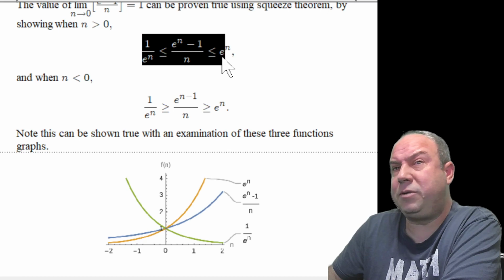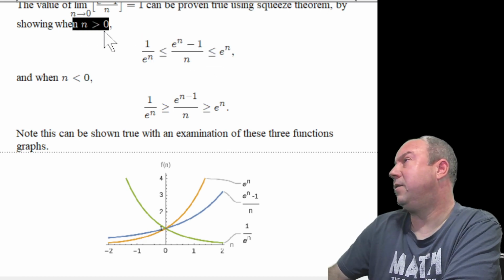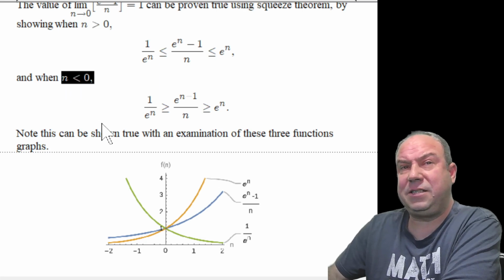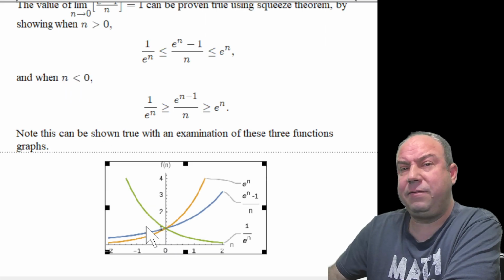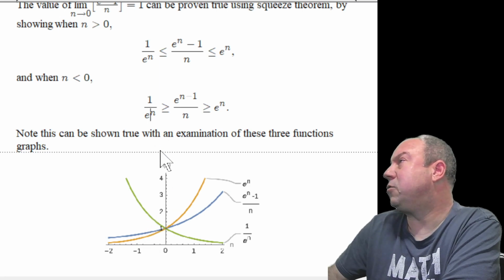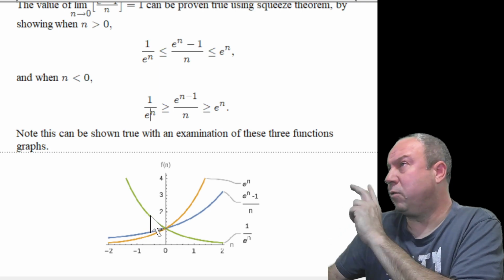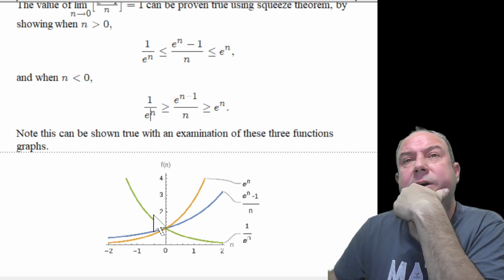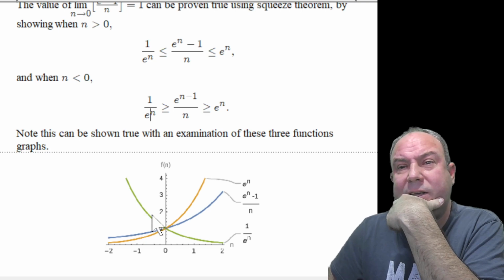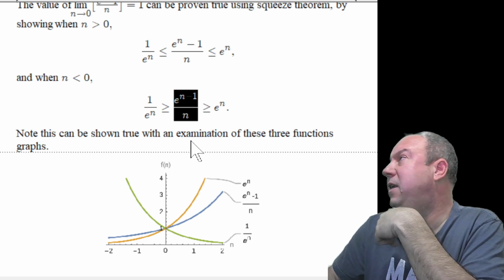This relationship is true graphically for n greater than 0, we can see. For n less than 0, on the left side of the graph, we can see that's true in the reverse order of that inequality. 1 over e to the n is the largest. It's greater than e to the n.